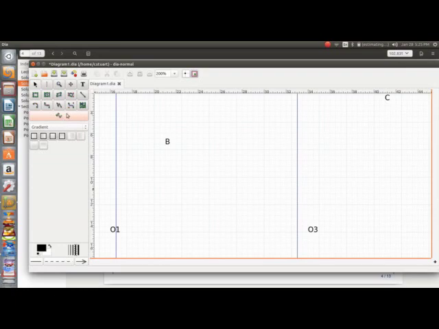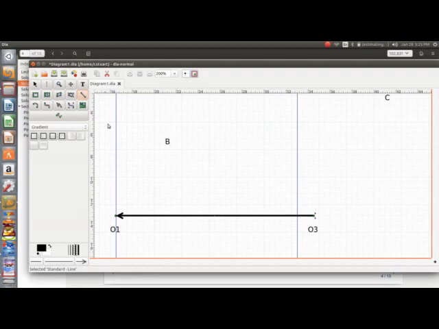Let's start by drawing our fixed link. As you can see, I've defined a vector. A vector has a magnitude and a direction. So in this case, I've defined my fixed link as going from point 0,3 to point 0,1.